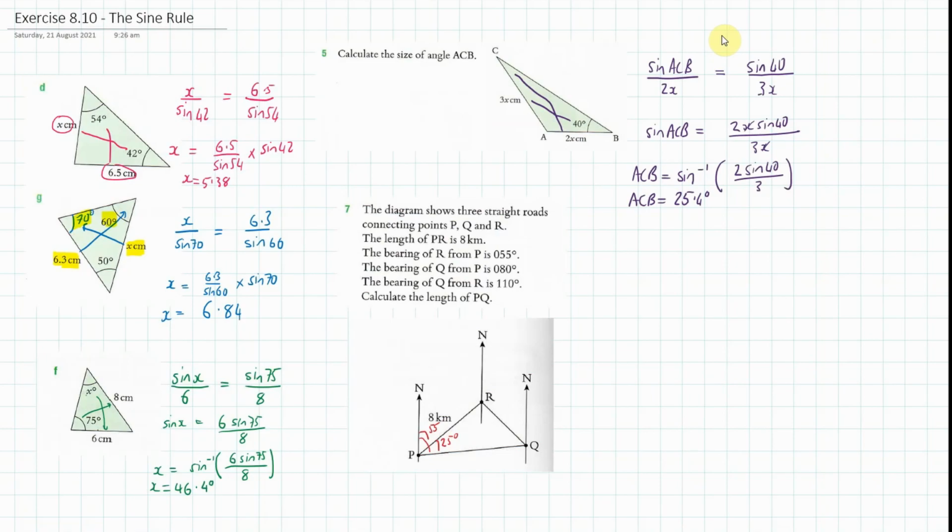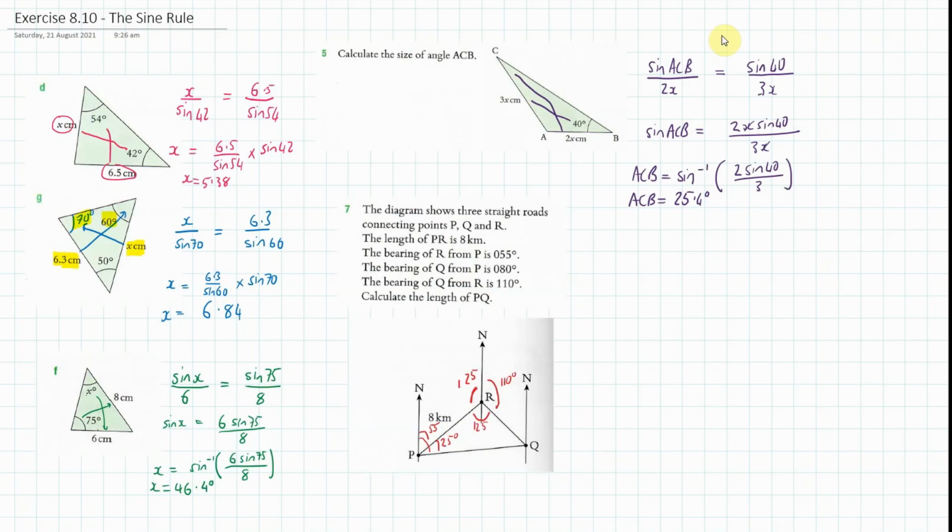Alright, and then the bearing of Q from R is 110, so we know that this is 110 here. And we also know that this angle here, because it's co-interior with the 55, we can go 180 take away 55, and so we know that this is 125. And therefore, since angles around a point add to 360, if we go 360 minus 125 minus 110, I think that gives us 125 also.